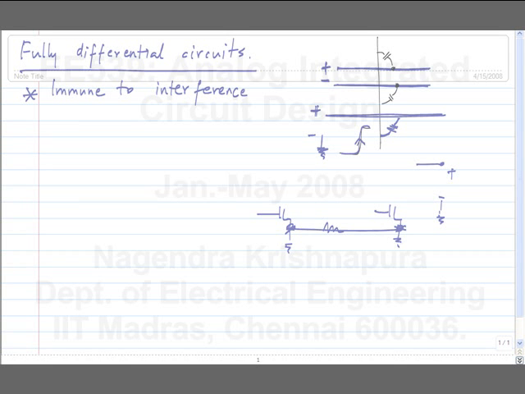It's referred to the other wire. In fact, you can think of differential signals as transmitting both the signal wire and the reference wire for it. Like each wire is the reference for the other wire, okay. So, you don't have the difficulty with defining what the signal voltage is referred to. So, it's immune to interference.